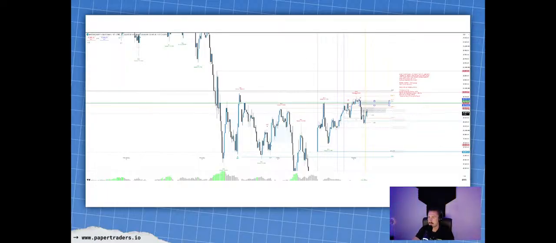If this lower FVG is displaced to the upside, we can watch for the one up above for a potential rejection, and maybe use that lower one as an IFVG for an upside move.